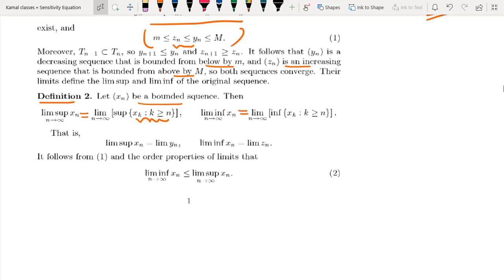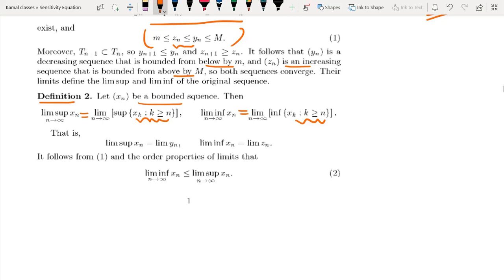Similarly, in order to define the limit infimum, I take the infimum, you know how to define the infimum, and after that again I take the limit as n tends to infinity.